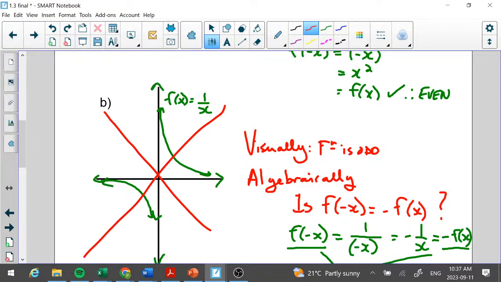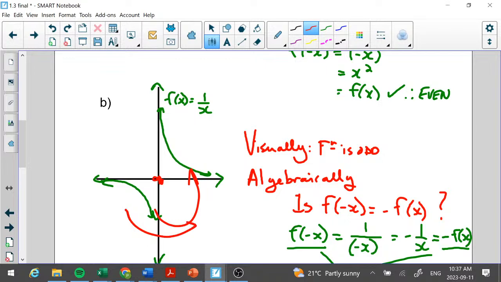Well, if the mirror line is there, we say it's symmetrical about the origin, because what you've done is essentially rotated it 180 degrees. Or you could say you reflected it this way, and then you reflected it that way, so it's symmetrical about the origin.